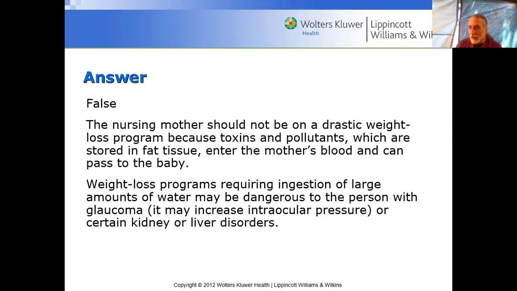So nursing mother. Now, normally the effect on mom is getting stripped to produce food for baby. Now, when mom's going through this crazy rapid weight loss diet, you've got toxins building up. Those are going into the breast milk. So it's not only dangerous for mom, it's dangerous for baby.